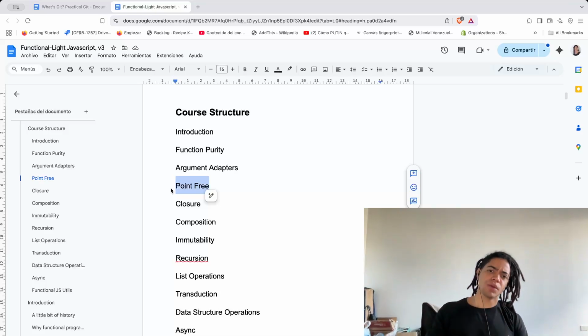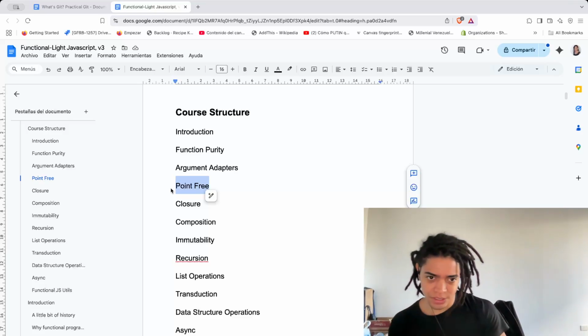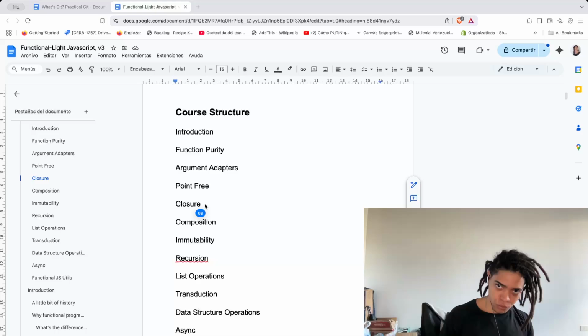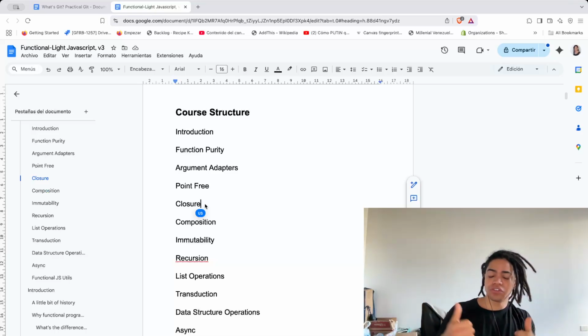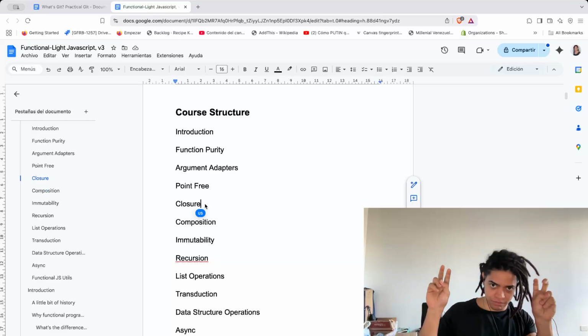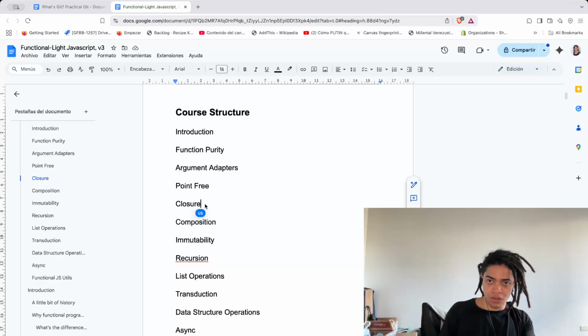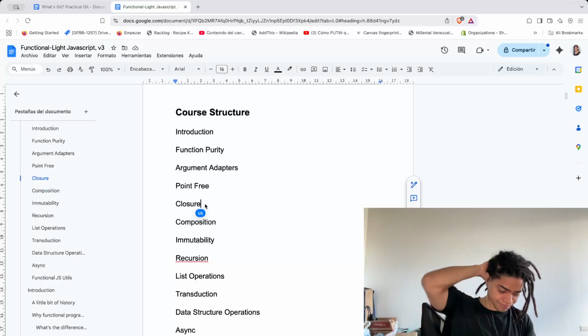But before going into that, another crucial tool in our tool belt is closures. A closure is just a way to remember, quote unquote, variables outside of the function whenever this function was called.